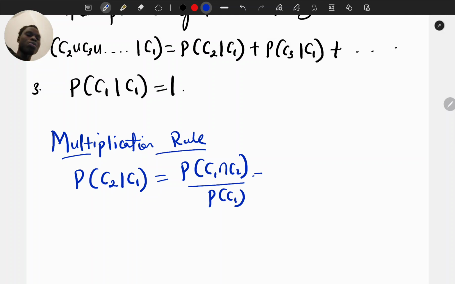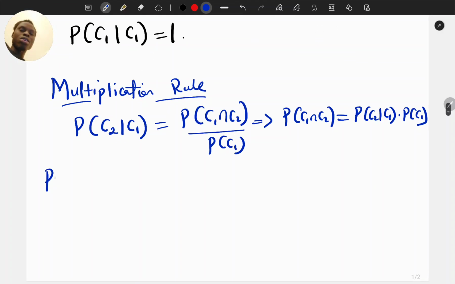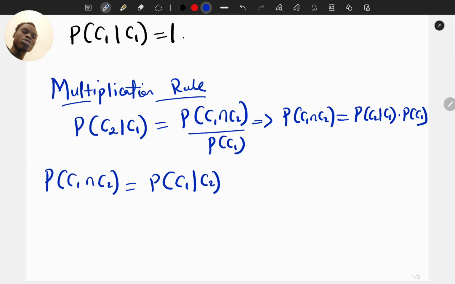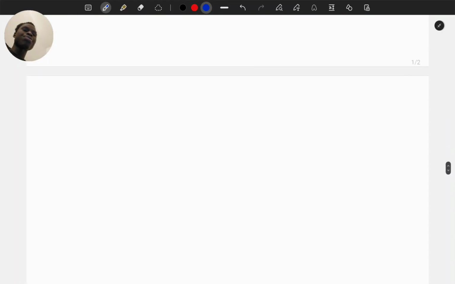If we multiply, this implies the probability of C1 intersection C2 is equal to the probability of C2 given C1 times the probability of C1. We have verified that the probability of C1 intersection C2 can also equal the probability of C1 given C2 times the probability of C2. So that is what we call our multiplication rule. Let's check some examples.